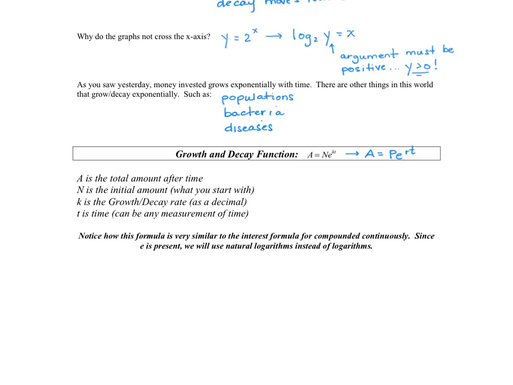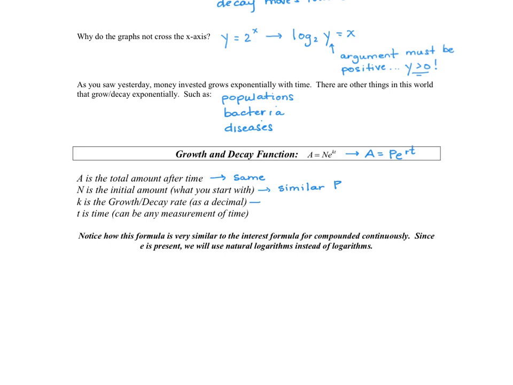In our case, A is the total amount after time, exactly the same as yesterday. N is the initial amount, or what you start with, similar to P, your principal.